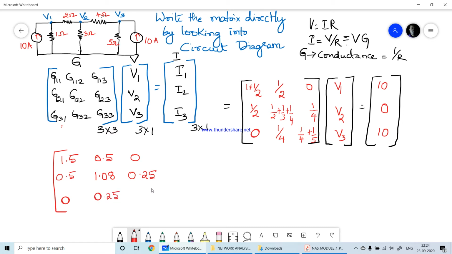Then 1 over 4 plus 1 over 5, which is 9 by 5 into 4, which is 20. So 0.25 plus 0.2 is 0.45. We get 0.45, and this will be multiplied with V1, V2, V3, and this is equal to 10.